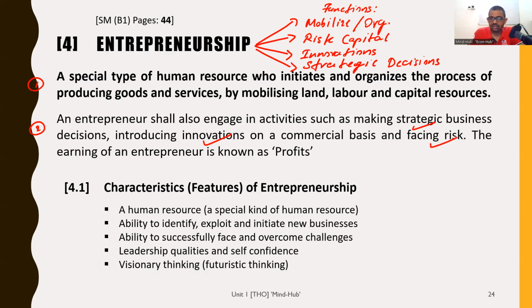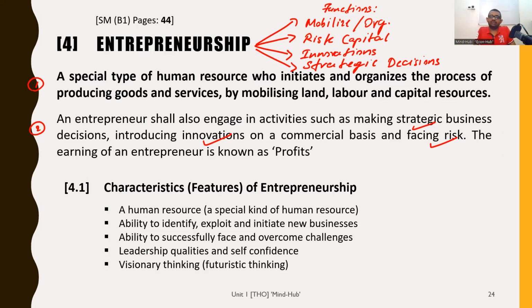And facing risk. The earning of entrepreneurship is known as profits. The payment for entrepreneurship is known as profits. An entrepreneur will mobilize, organize the production process, face the risk of business, be innovative, and make strategic decisions, expecting profits. Whether the entrepreneur will make profits or not is a different story, but expecting profits, right?